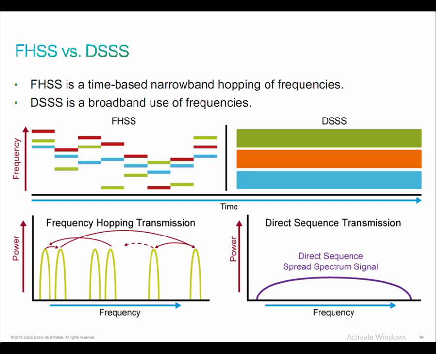A method of actually achieving the spreading of that signal is provided by the modulation scheme itself. And with DSSS, the message signal is used to modulate a bit sequence known as pseudo noise, or PN code. The PN code consists of a radio pulse that is much shorter in duration. In other words, much larger bandwidth than the original message signal.